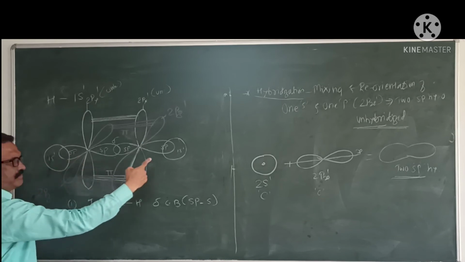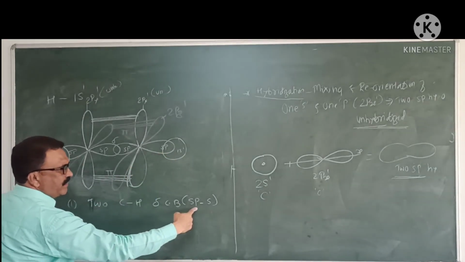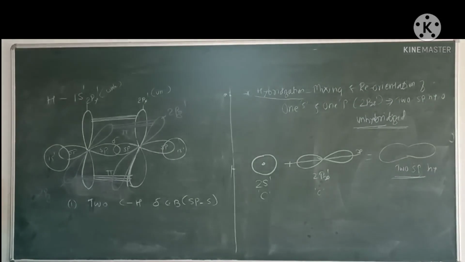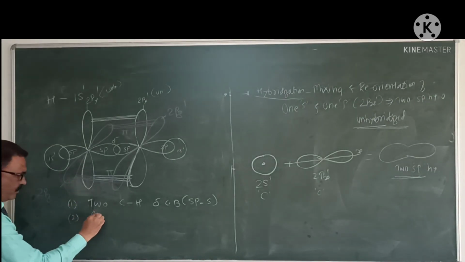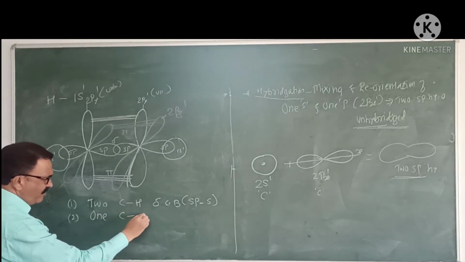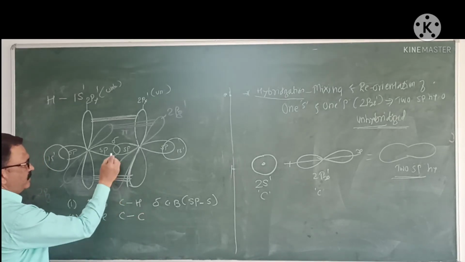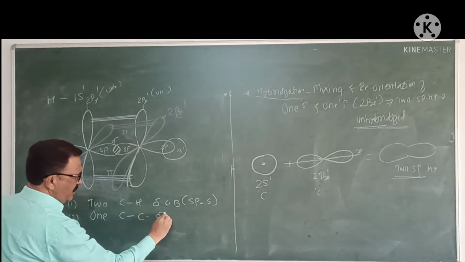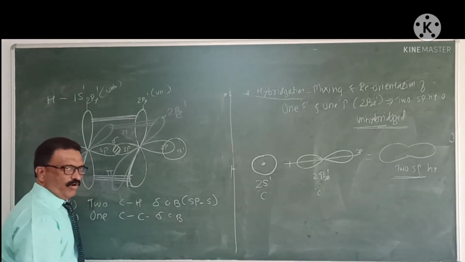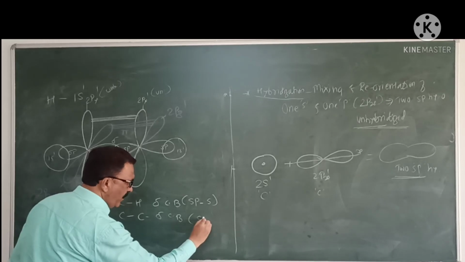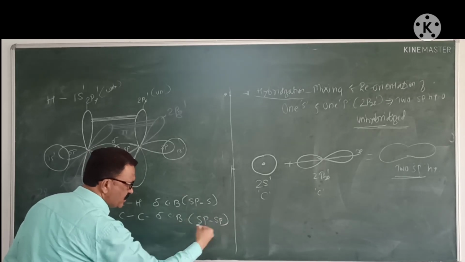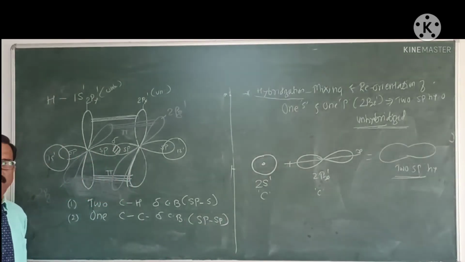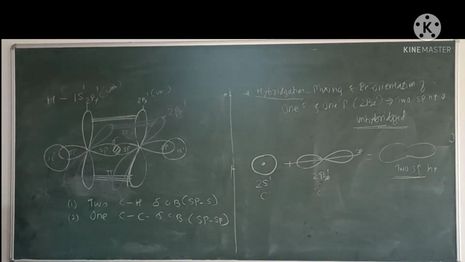Then it contains one carbon-carbon sigma covalent bond formed by sp-sp overlapping of the carbon atoms.